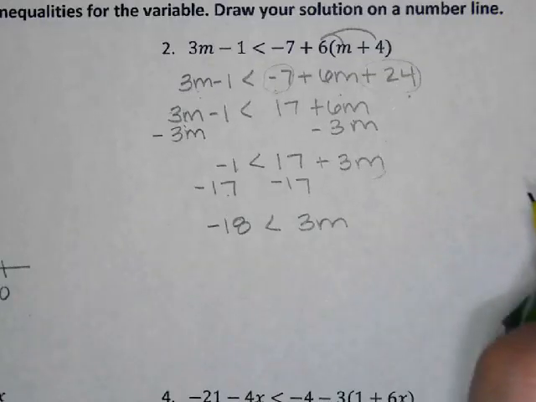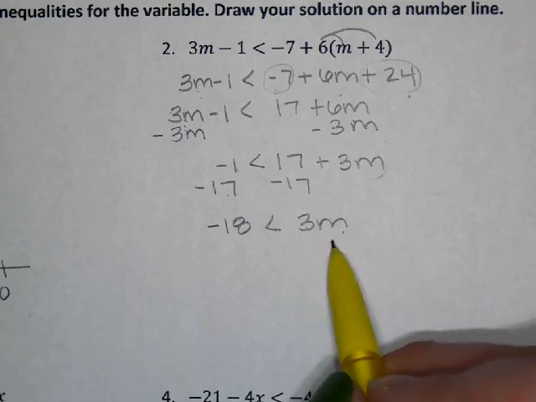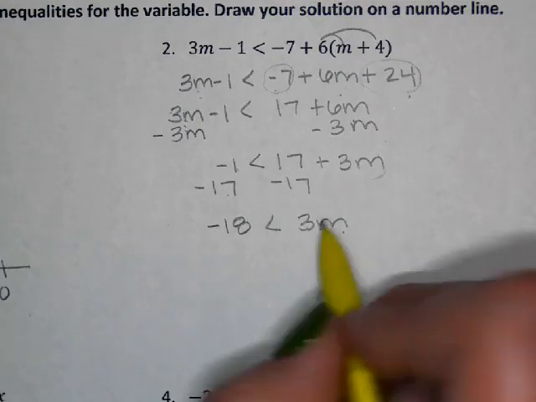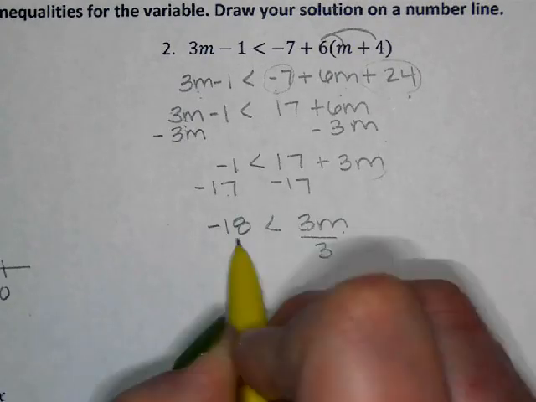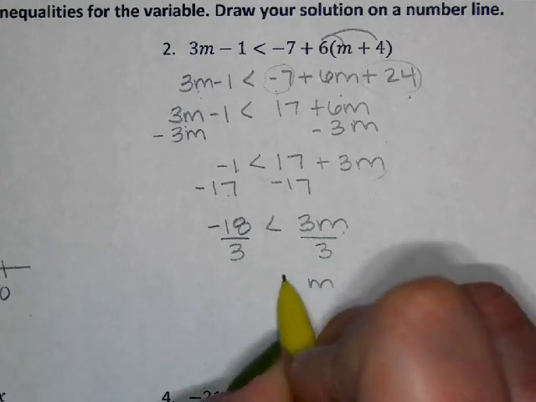And if I have a 3 multiplied by an m and I want to get the m alone, I should divide by 3.